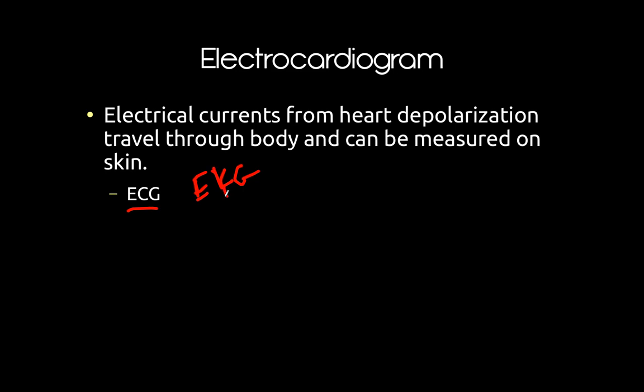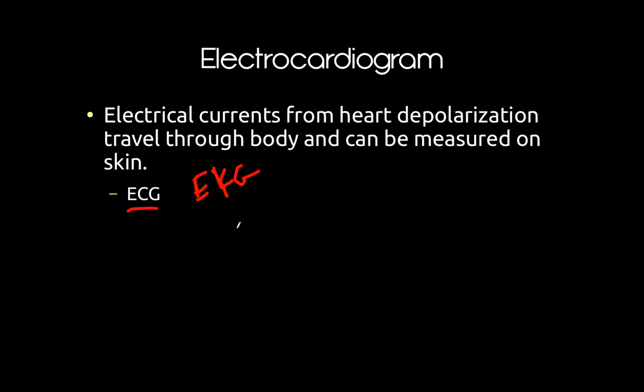Anyhow, kind of beside the point, what an electrocardiogram is: when you have a depolarization of all these cardiac muscle cells in your heart, this is going to cause an electrical current that actually travels a good ways throughout your body and shows up on the surface of your skin. And we can actually measure the voltage that is produced on your skin by the depolarization of these muscle cells in your heart, and that is an electrocardiogram.